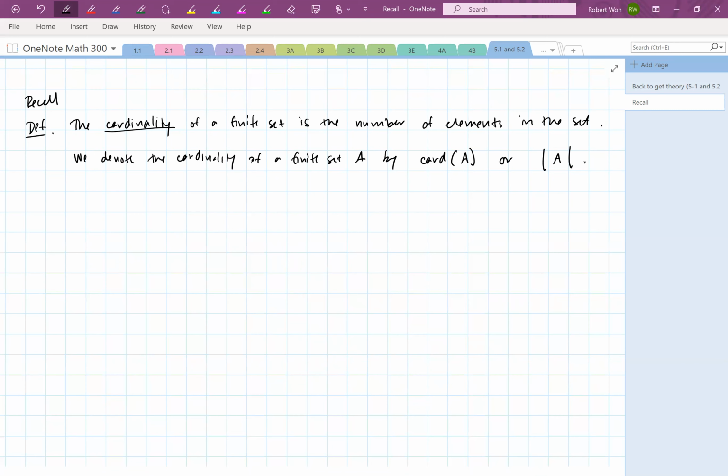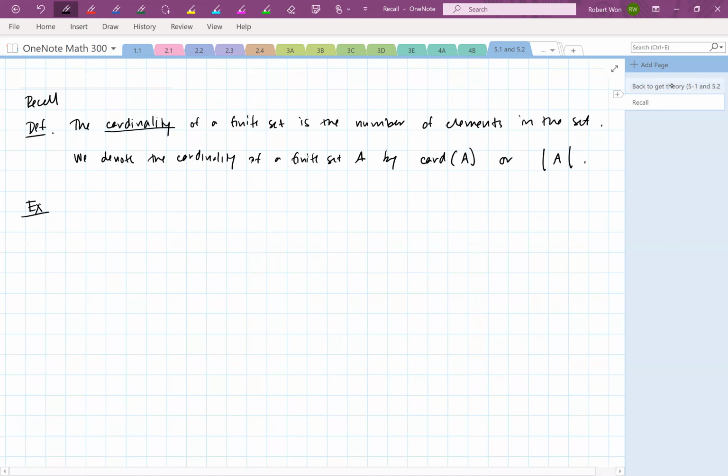We'll do this, I think, in week 9 or week 10. It's pretty fun, but for now, we need to understand finite sets first. Okay, so I'll use both notations sort of interchangeably, but for now, let's stick with this card notation.